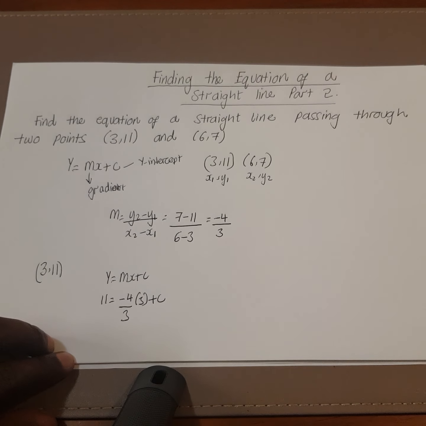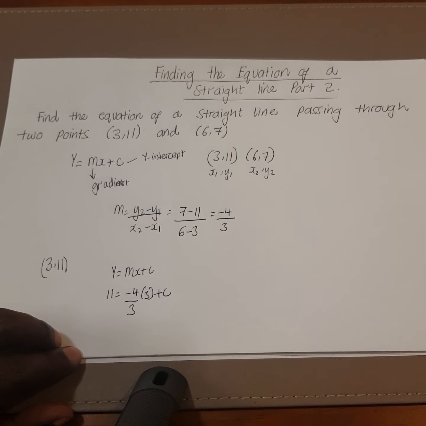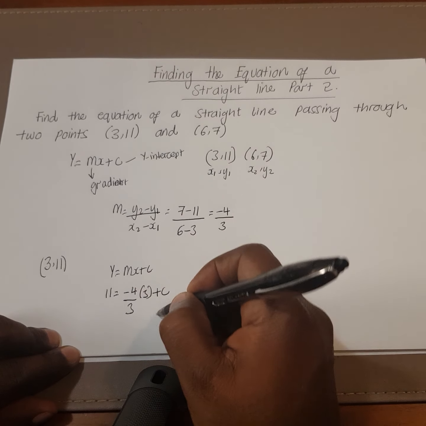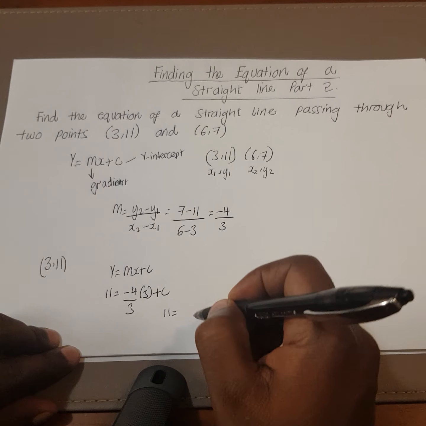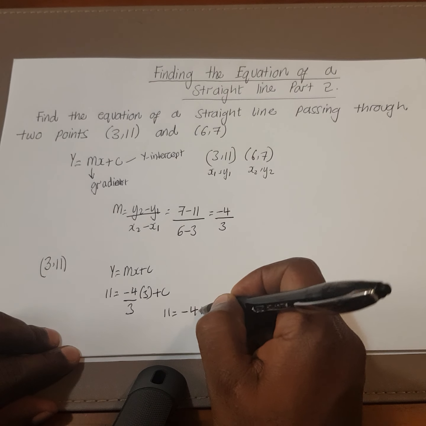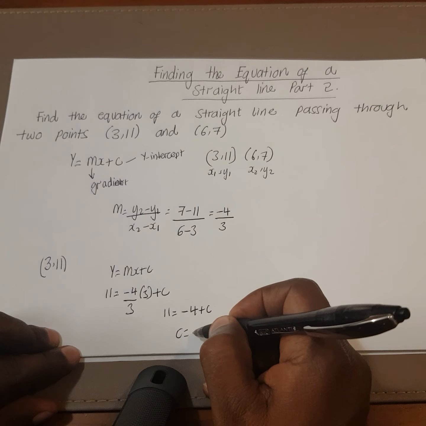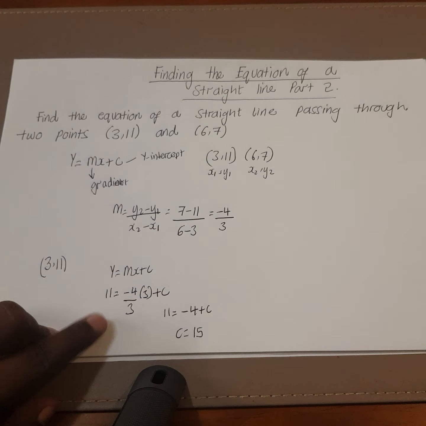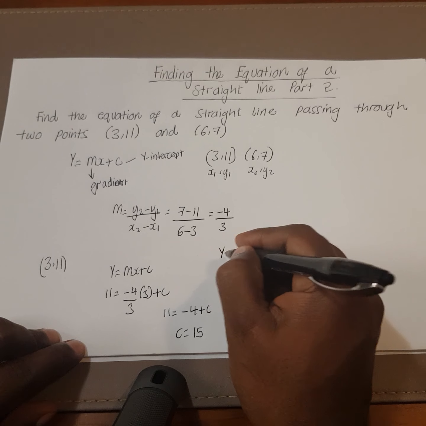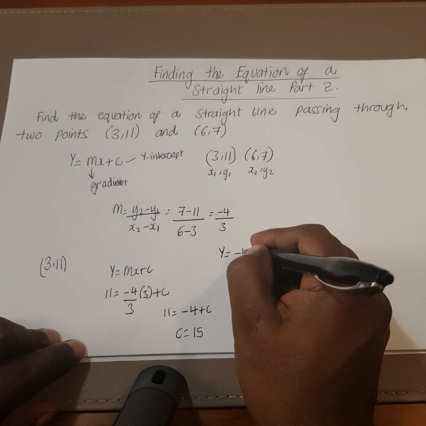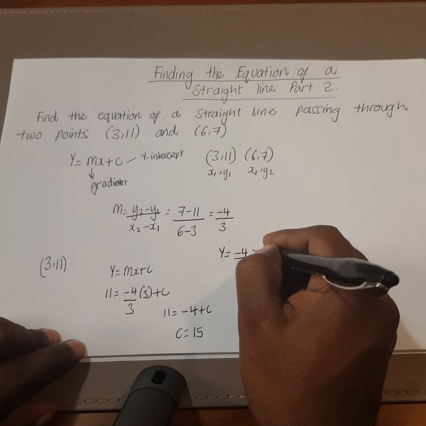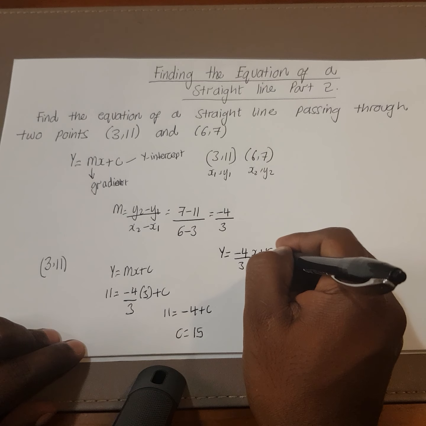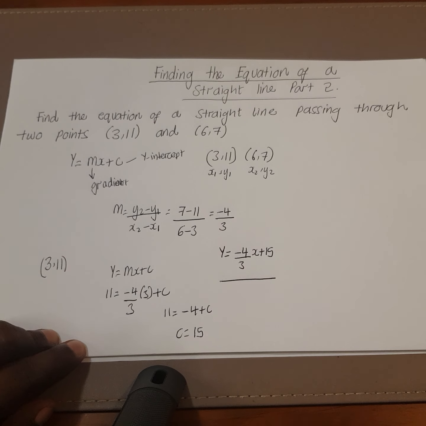You can see that it becomes a linear equation. So 11 equals negative 4 plus c, and c is equal to 15. Therefore, my equation of the straight line becomes y equals negative 4 over 3 x plus 15. That now becomes your answer.